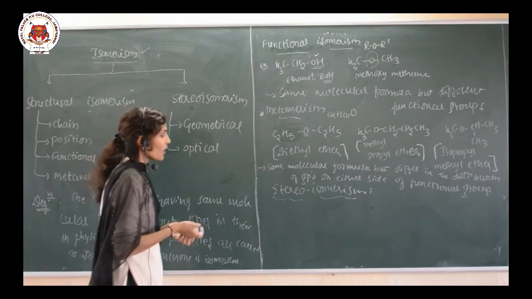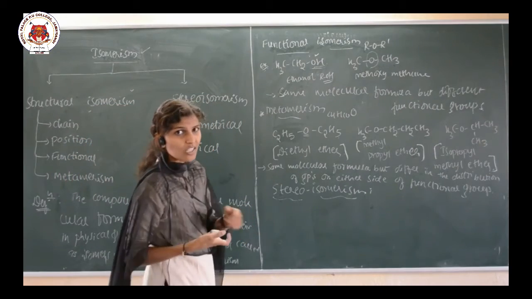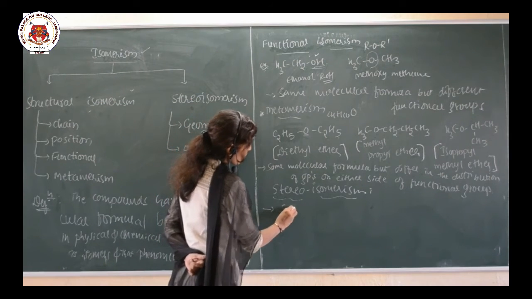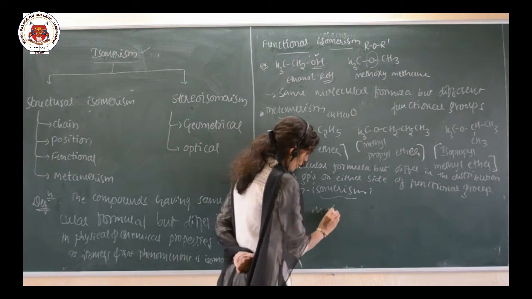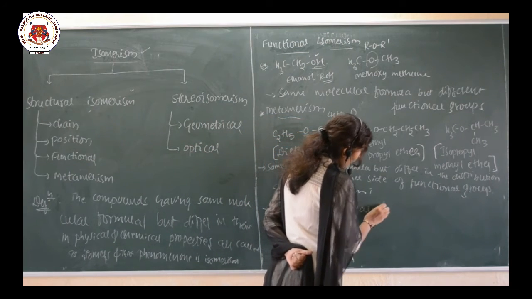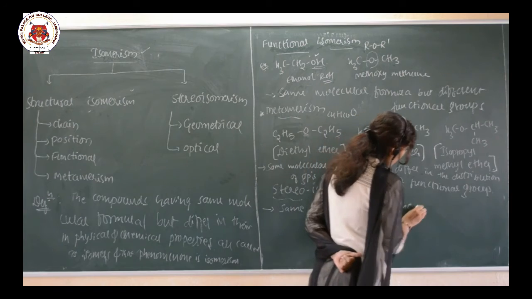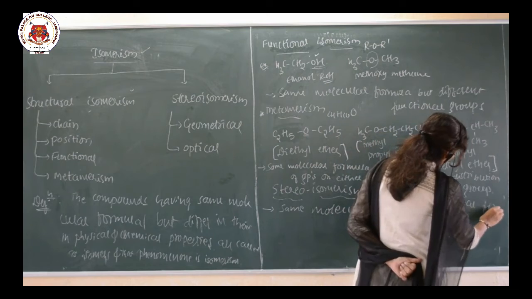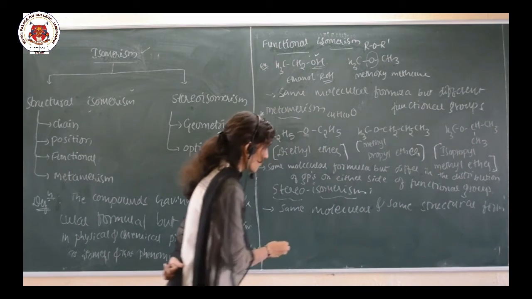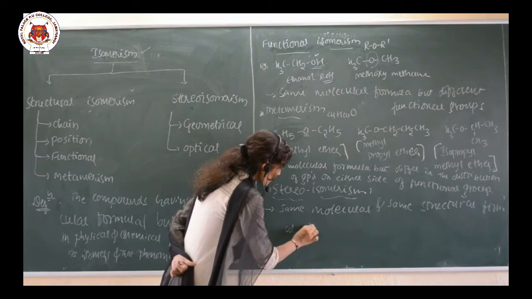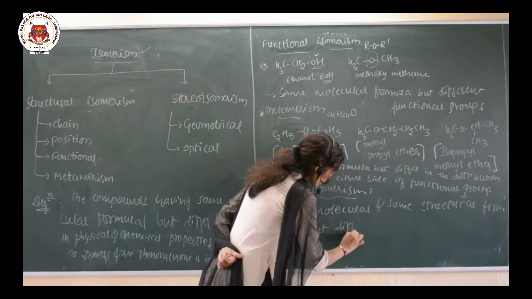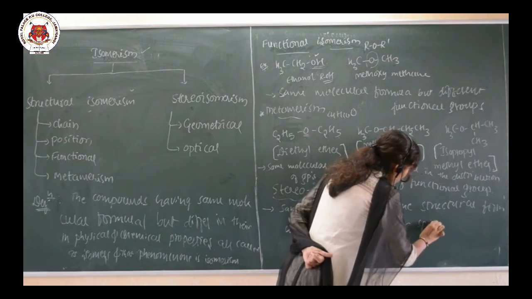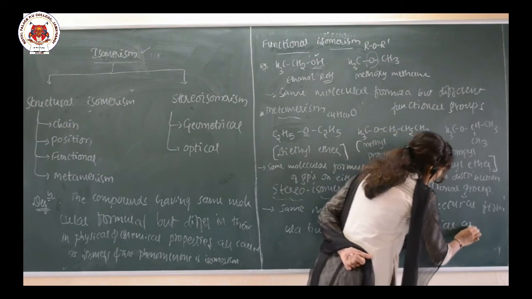Okay, so let's discuss stereoisomerism. What is stereoisomerism? See here, in stereoisomerism, the compounds have the same molecular formula and the same structural formula, but differ in their spatial arrangement of atoms.